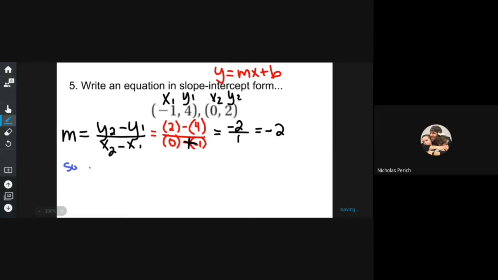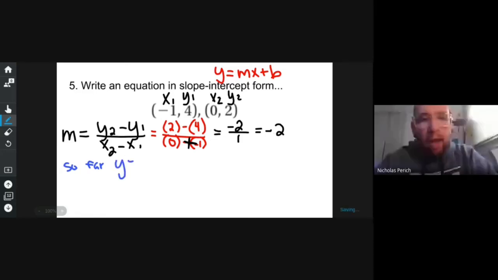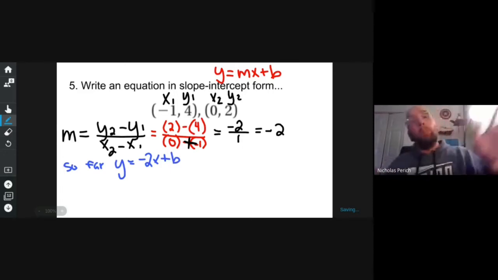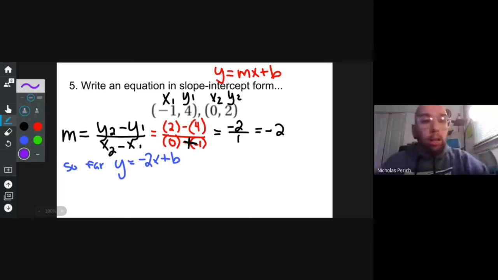So what I have so far is y equals mx plus b, but I just found out that m is negative 2. So far, I have y equals negative 2x plus b. Now I need to find b. B is the y-intercept.